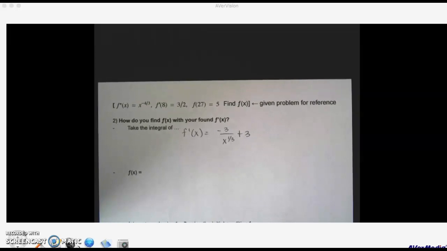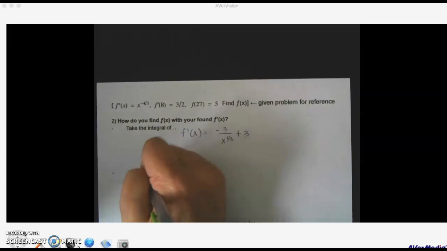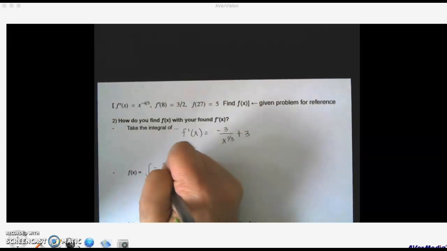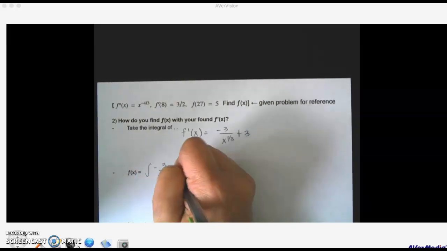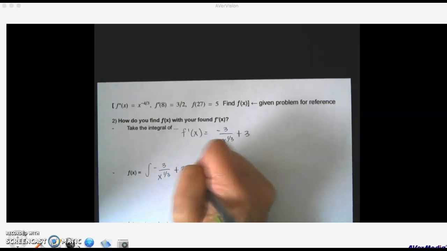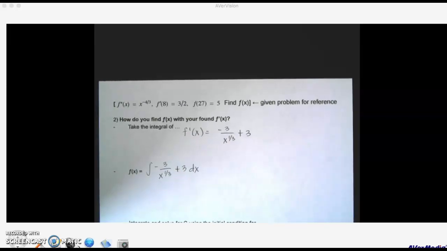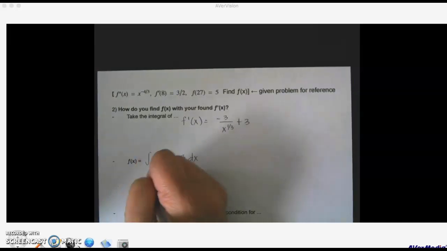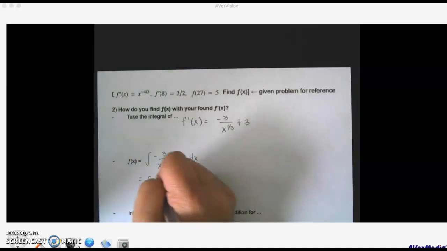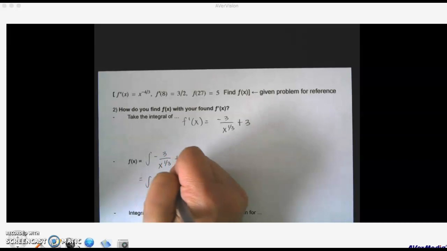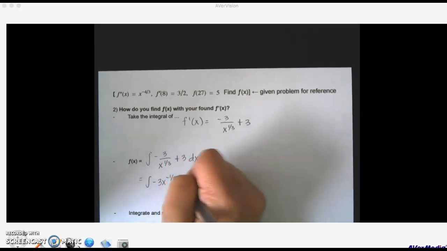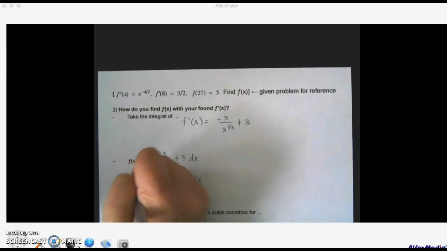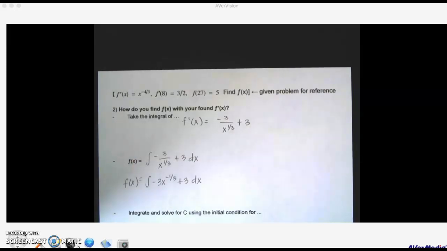To set up the problem, we have f of x equals the integral of negative 3 over x to the 1/3 plus 3, and then we have to have that dx there. We're going to rewrite the integral so that it's simpler for us to integrate it. So I'm going to bring the x to the top. So this is the equation that we're going to integrate.